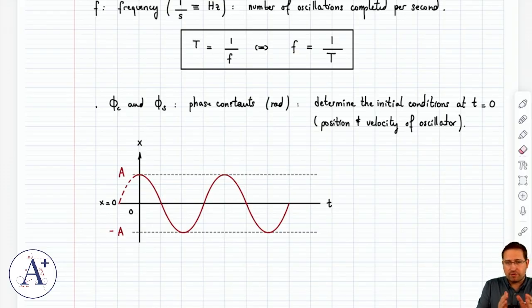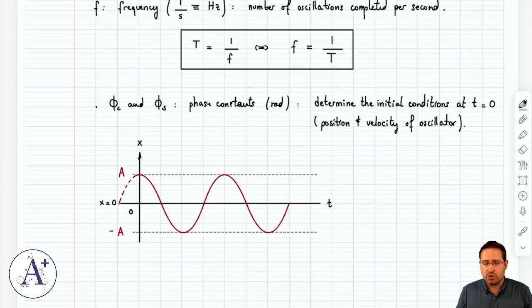And so what phi sub s allows you to do is to say, okay, well, I know it's going to be a cosine or a sine. Phi is going to slide the cosine or the sine so that its initial condition matches the initial condition of your oscillator, and your curve describes the motion of the oscillator. Now we'll see how to do that in problems, but it's a really important thing to know how to do for oscillations, is to find omega, the amplitude, and the phase constant, phi sub c or phi sub s.